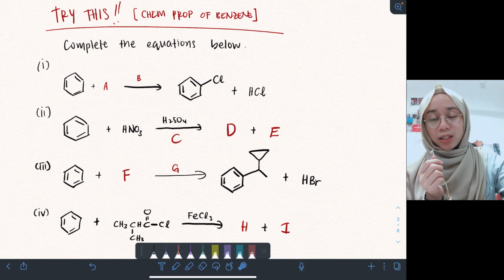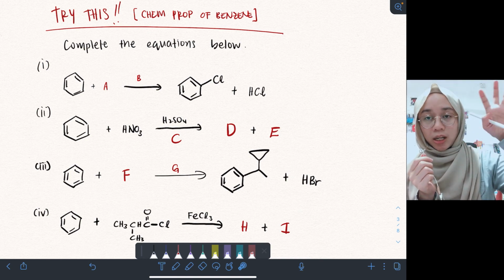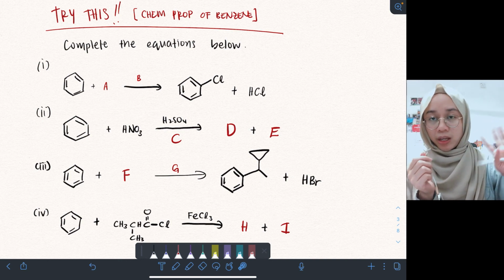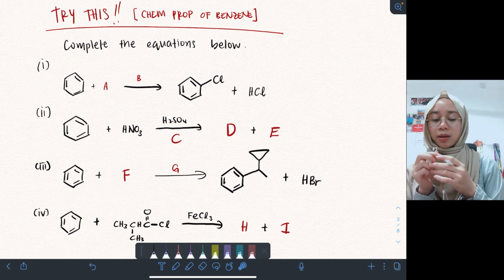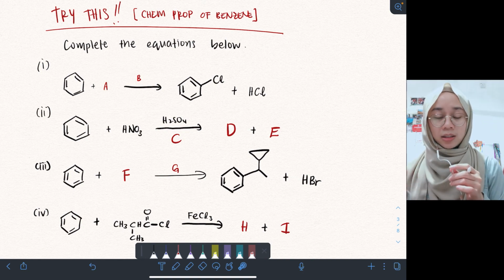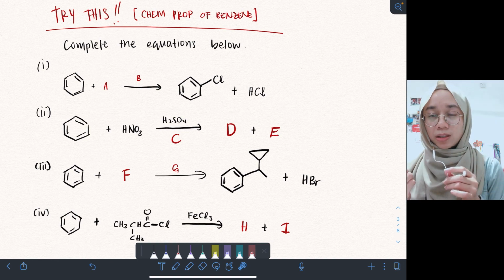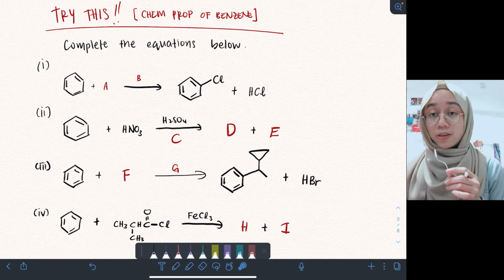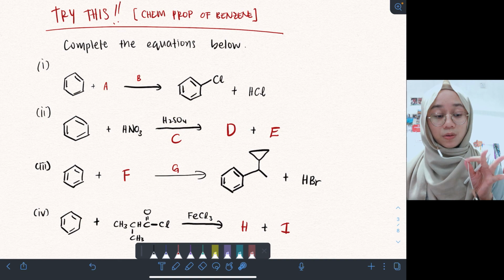Okay, so you can just write down the equation and then just letaklah apa sepatutnya structure A, apa B, D tu apa, E ke apa. So A sampai I ni, it consists of reagent, it consists of catalyst, it consists of the product, it consists of a side product, it consists of condition. Just try to complete the whole thing.